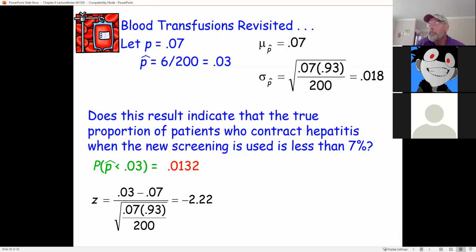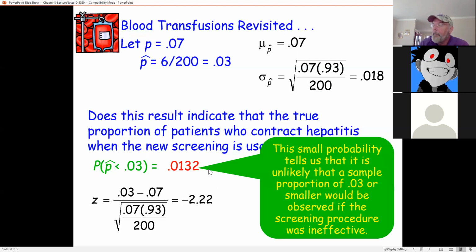Okay, so this would be 0.0132. This small probability tells us that it was unlikely that a sample proportion of 0.03 or smaller would be observed through a screening procedure, and it was seen to be ineffective in terms of that outcome, okay?